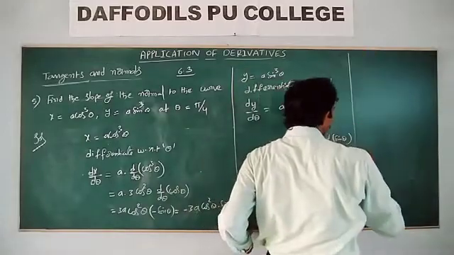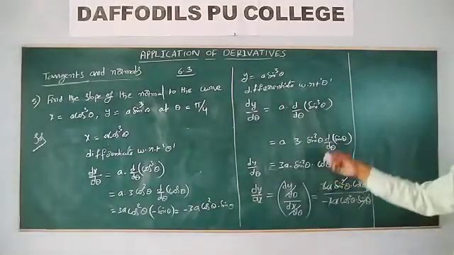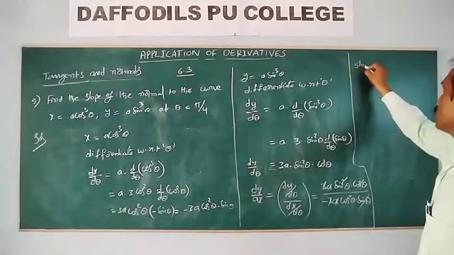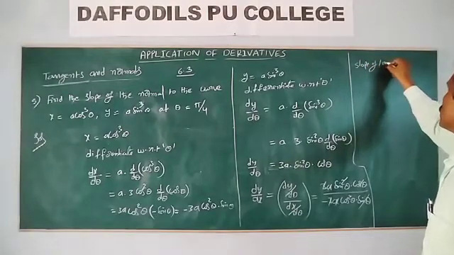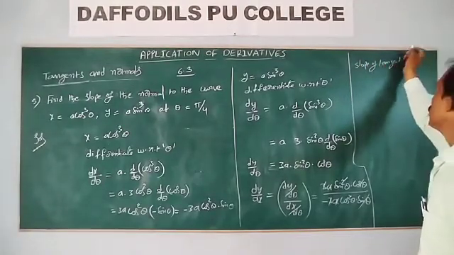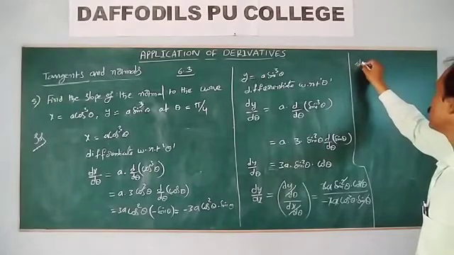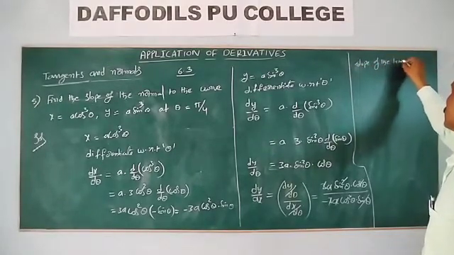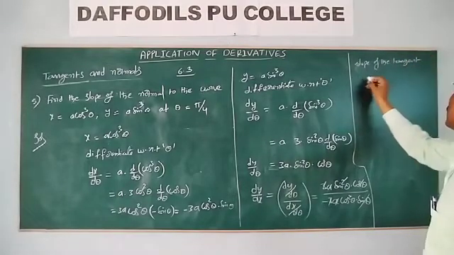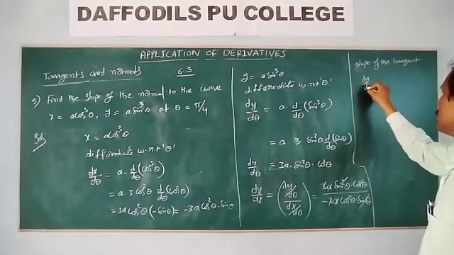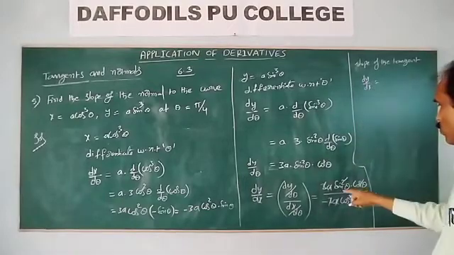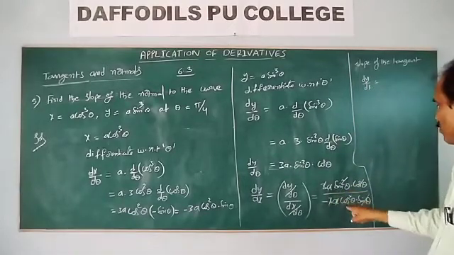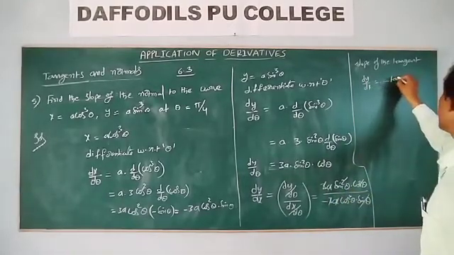So finally, what is the slope of the tangent? dy by dx is equal to, here minus is there, sin theta by cos theta, minus tan theta.